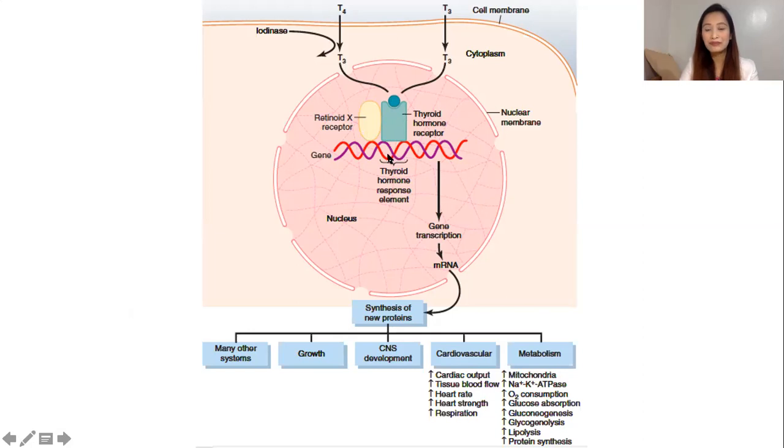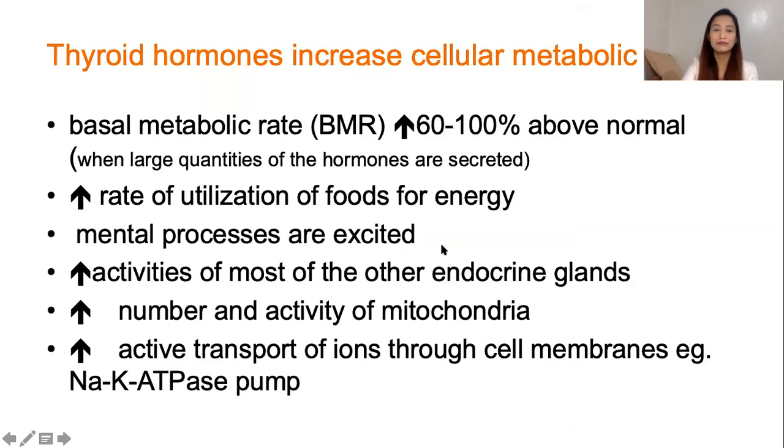Once gene transcription proceeds, it results in synthesis of new proteins, usually enzymes, which power all the metabolic effects of your thyroid hormones in the cells, such as growth and CNS development, cardiovascular, and metabolism.